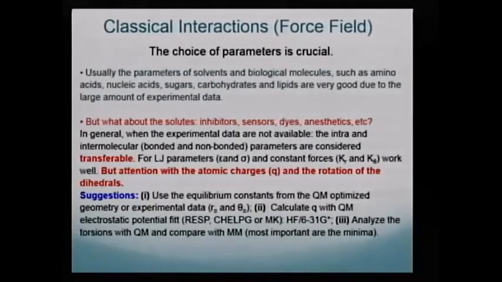So never use Mulliken population, because Mulliken populations are not built on the electrostatic potential. You need to have a good interaction of your molecule with other molecules, okay? So make the charge distribution based on the electrostatic fit. You can use HLY, ChelpG, Merz-Kollman, you have several options.